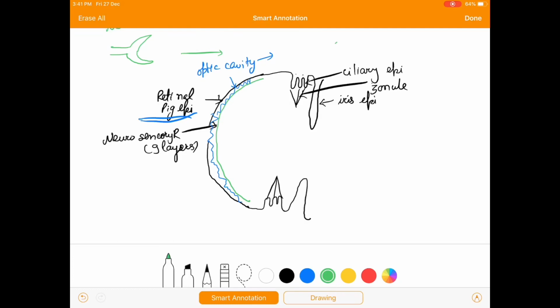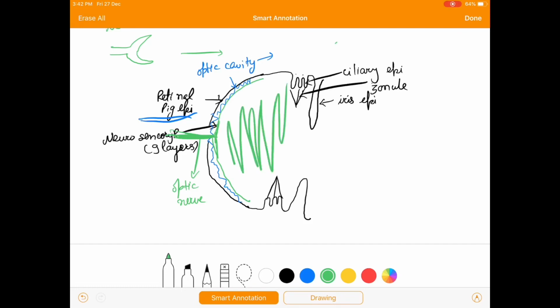Now what else does this inner lip give rise to? It gives rise to the optic stalk or the optic nerve. Okay, so we have optic nerve, right? This inner lip also gives rise to vitreous gel, or you can call it the secondary vitreous.